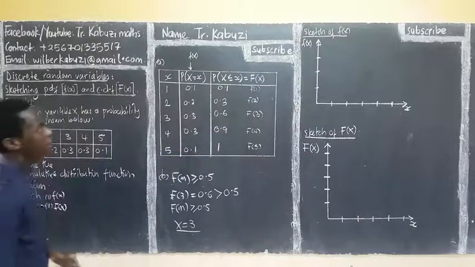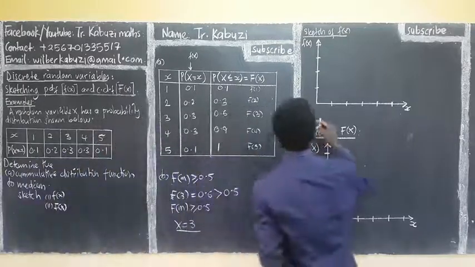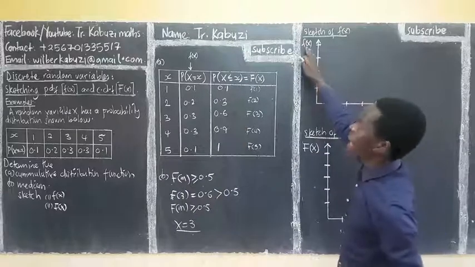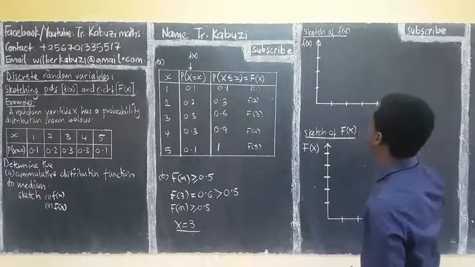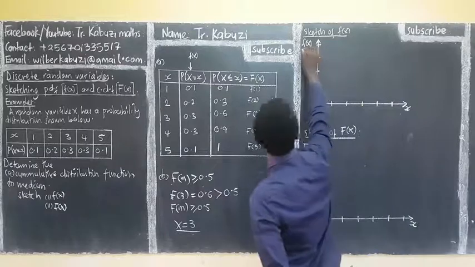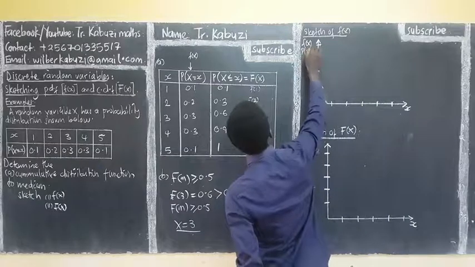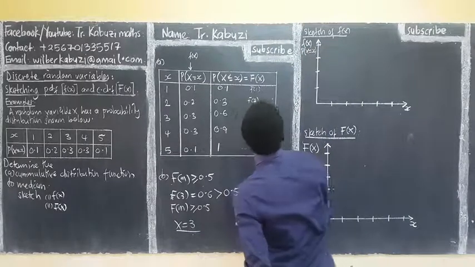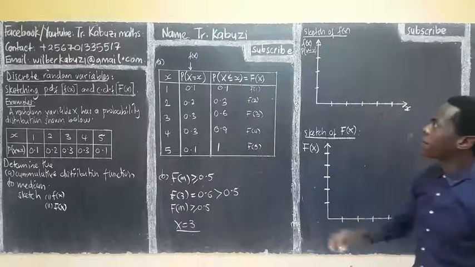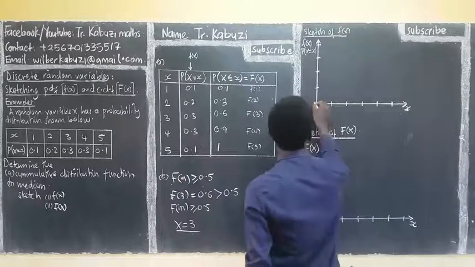Then sketch f of x. The small f of x, we sketch it against x. This f of x in simple terms, these are our probabilities, so don't get confused. So now we use a uniform scale.